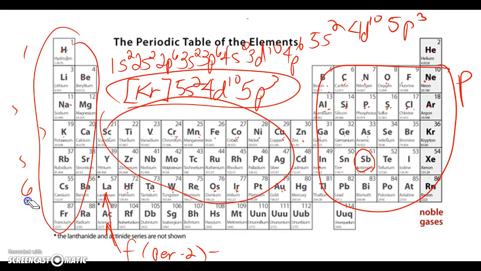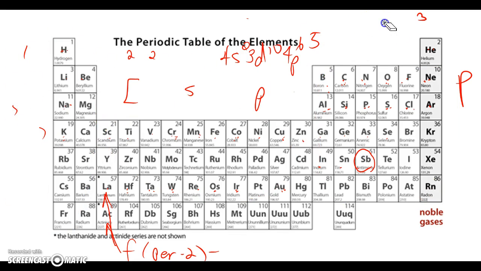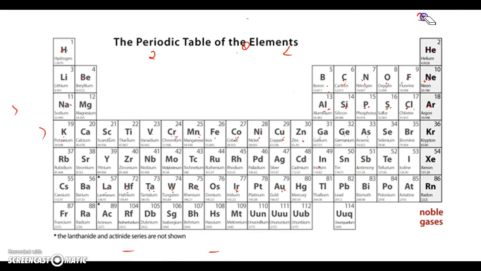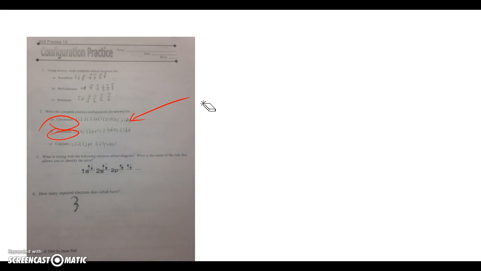So let me come back here, kind of clean this up a little, and we're going to talk about spins, all right? Here, I don't remember the name of the rule, but 2 electrons, if they're occupying the same suborbital, they have to have different spins, don't they? I don't know whose name that is. Then there's another rule that says within an orbital, if you look at the suborbitals, so here's a p, right?